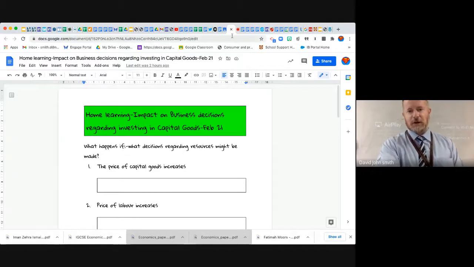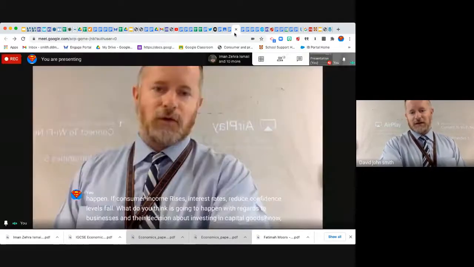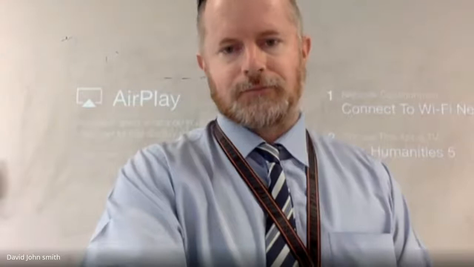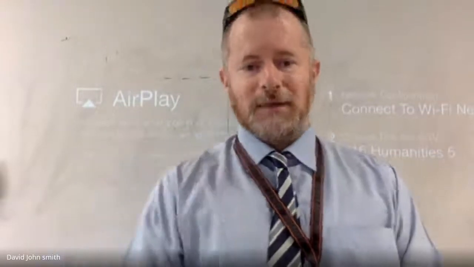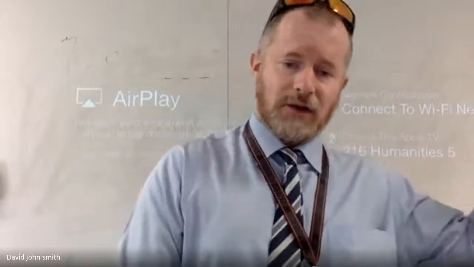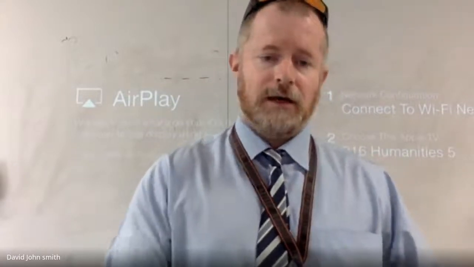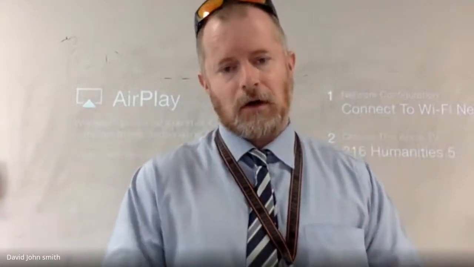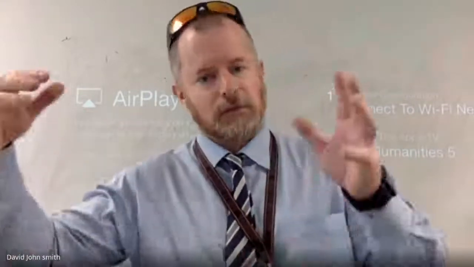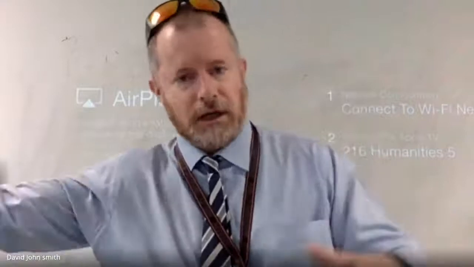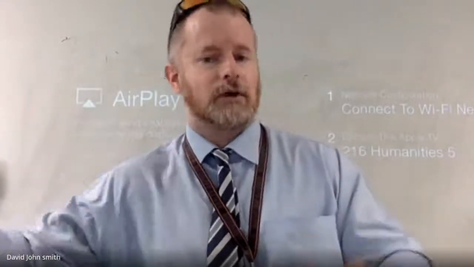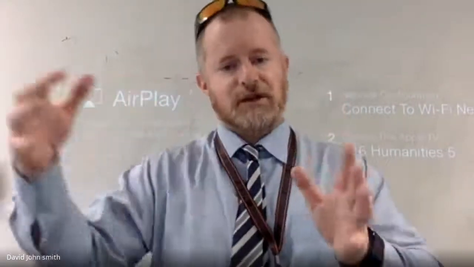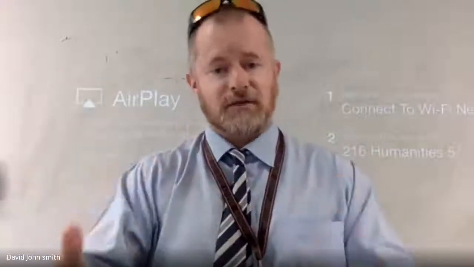Now, I've set that for you as a wee task. So we've got a little bit of time left in the lesson. And what I thought would be good is for you to work your way through that one. All right? Try and have a complete sentence as opposed to bullet points. The business will choose to increase investment in capital goods because. The business will choose to decrease investment in capital goods because.